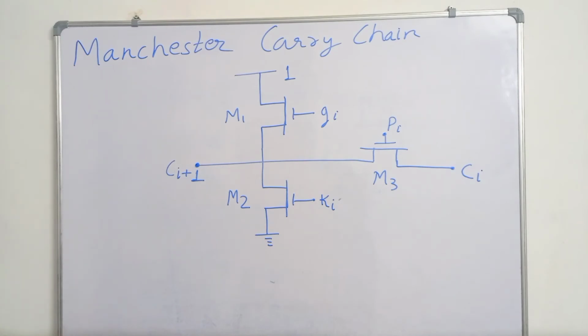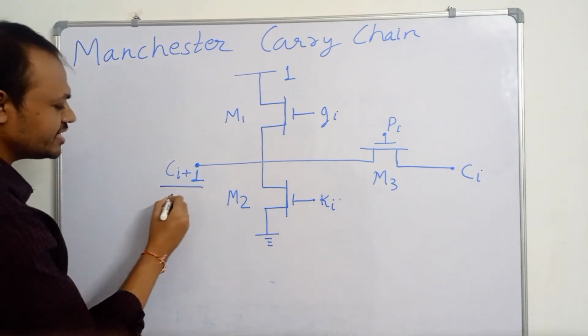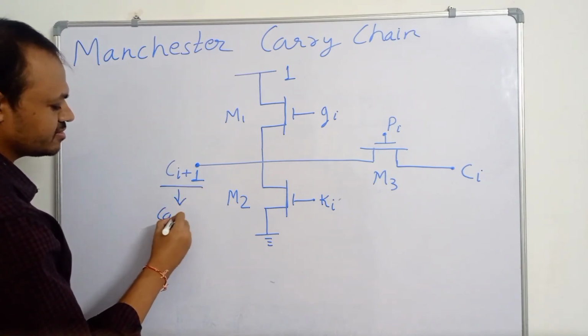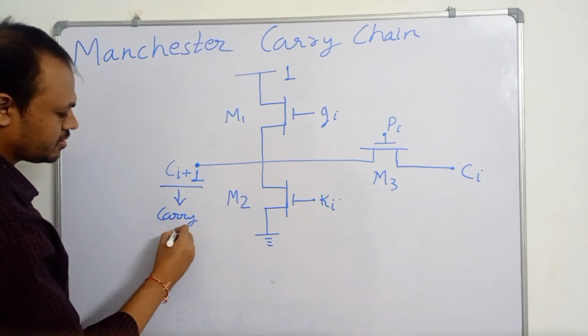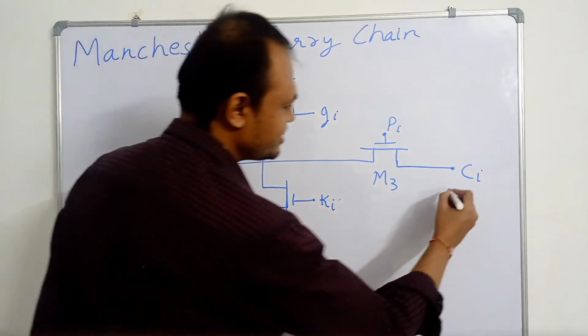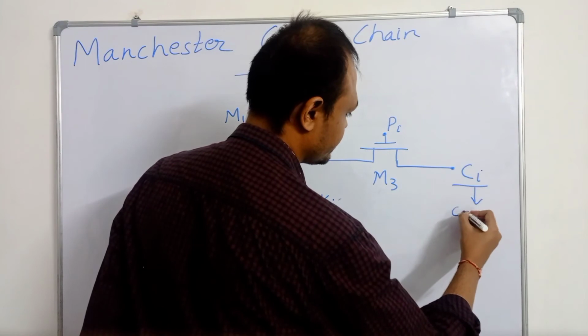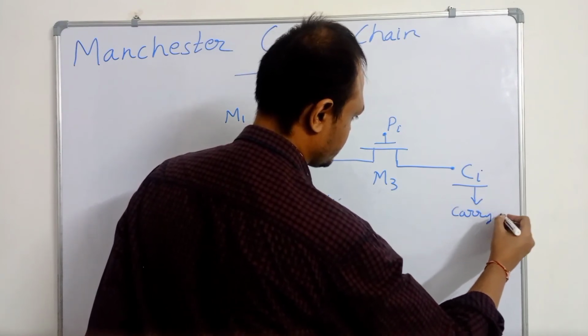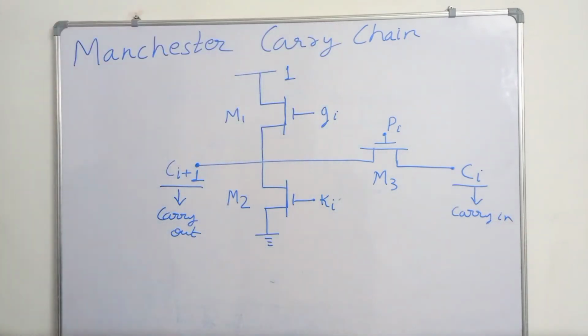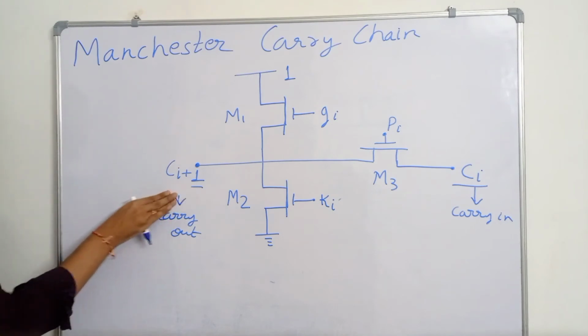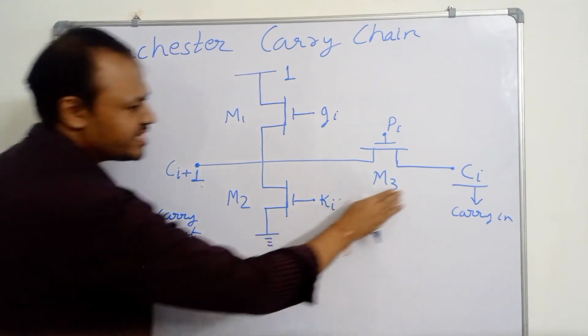So this is the switching network for the carry out bit. We already know this is called the carry out, and this is your carry in. So here we are generating a carry out bit from this switching network.